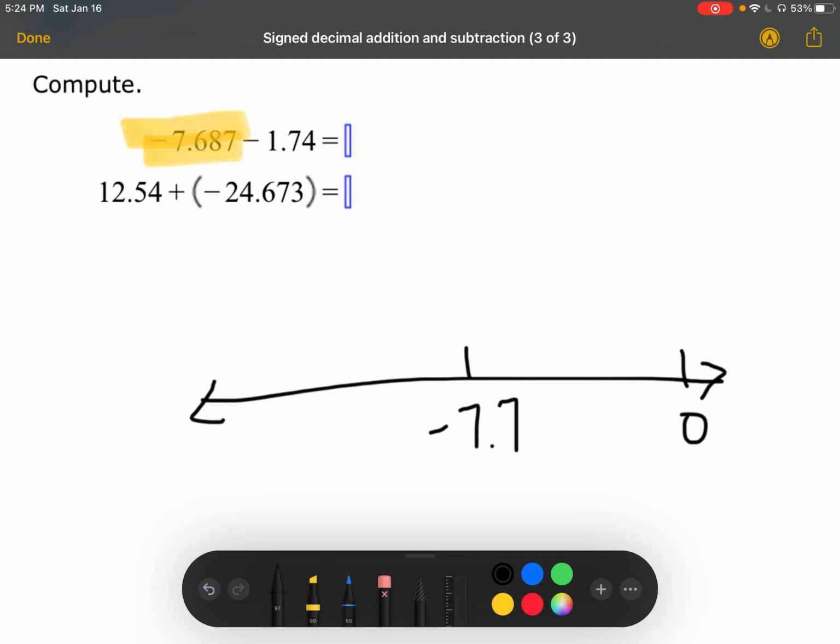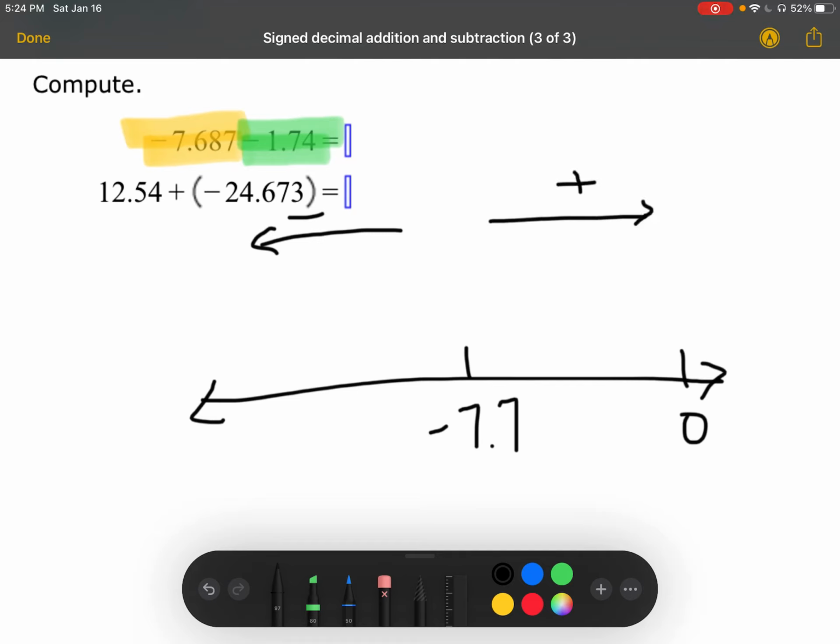And then second, you're going to look at what you're going to do next, okay? So I have minus 1.74. Just a reminder, when we have a number line, if we are subtracting, we are going to the left, and if we are adding, we are going to the right.